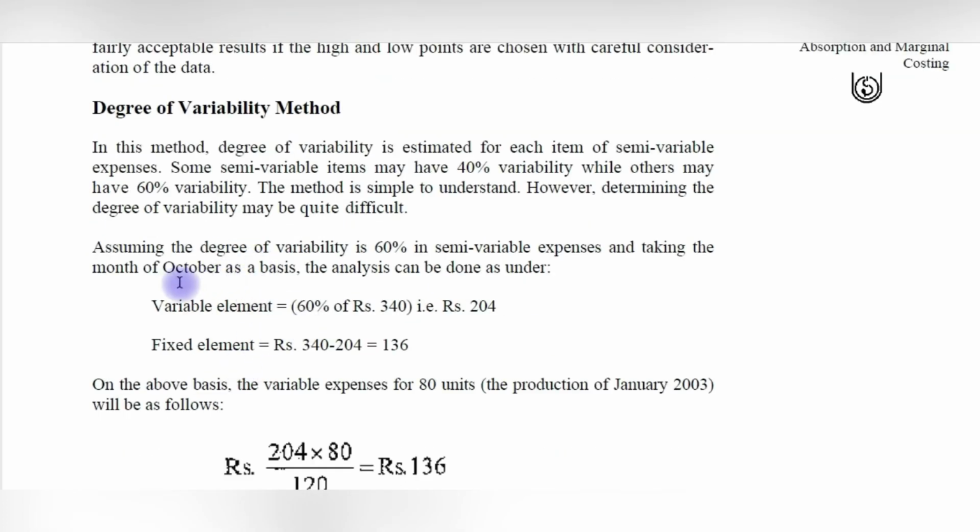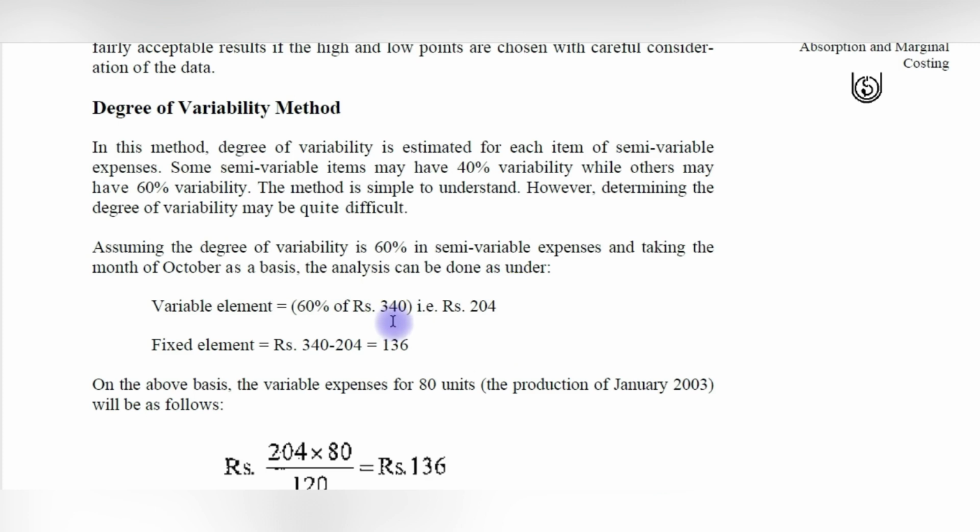For example, assuming the degree of variability is 60% in semi-variable expenses for some items and taking the month of October as a basis, the analysis can be done as under. For the month of October, total expenses is 340 rupees. Fixed plus variable together it is 340 rupees.